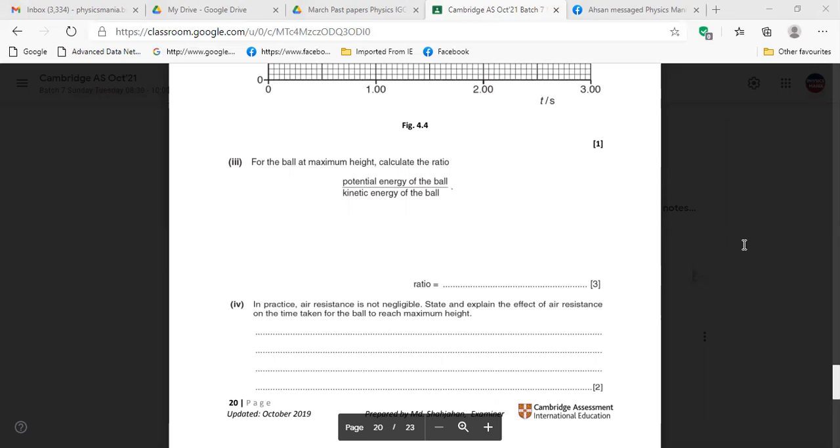And at maximum height, the horizontal velocity is 25.5 divided by 3, 8.5 meter per second. Okay. Yes, sir.